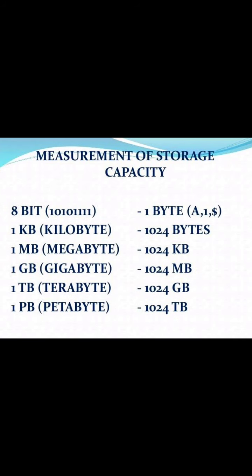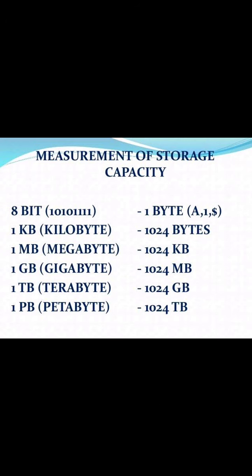Next one, storage devices. What are the storage devices available in the computer? You know that? Okay. Before that, we are going to discuss the measurement of storage devices. Last year also we studied how we can measure storage.